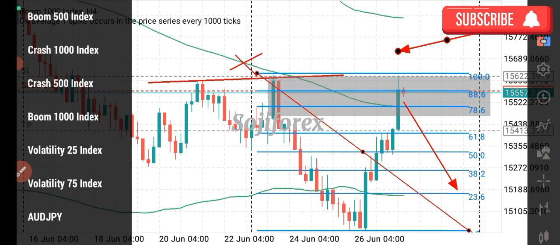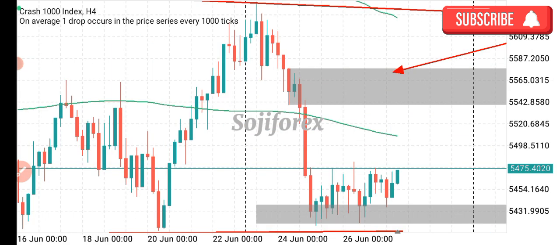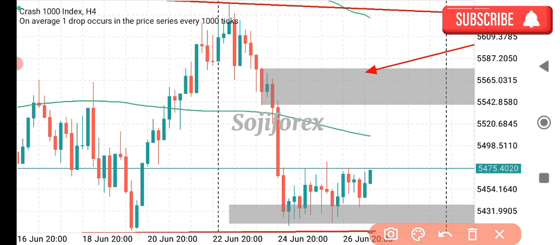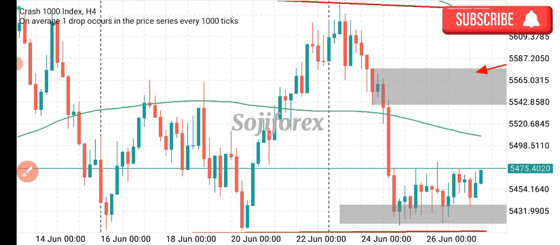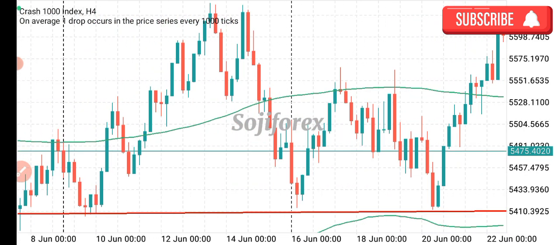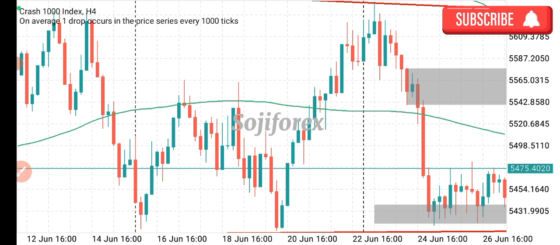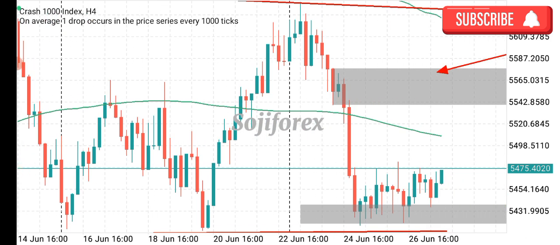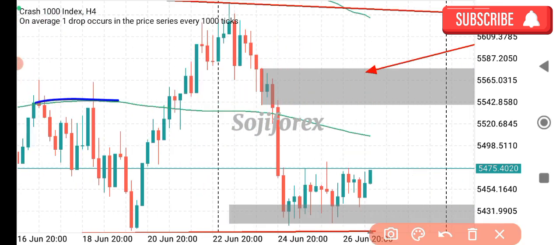Then we did a review on Crash 1000 and we are expecting this price to move to the upside, because from what we have seen, we already have a break of structure and we are looking forward to a buy. We have a break of structure here and this move. So here now we are looking forward to price moving to the upside.